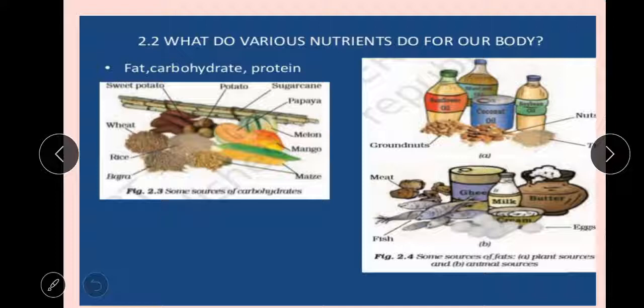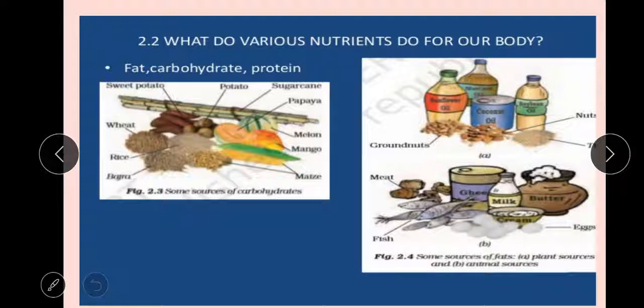Now, what do various nutrients do for our body? Fat, carbohydrate, and protein. If we talk about the sources of carbohydrate, then we have banana, sugar, starch, milk, and many more items. And if we talk about fat, then butter, ghee, fish, milk contain fat.